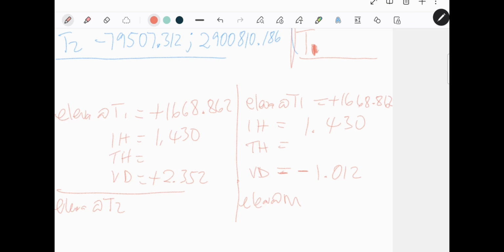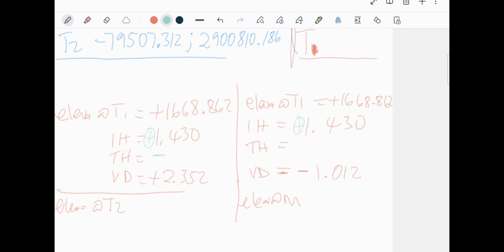So if you go back and read, there are rules in your book. If you're on the surface, the instrument height is positive. And for the target height, it is negative.